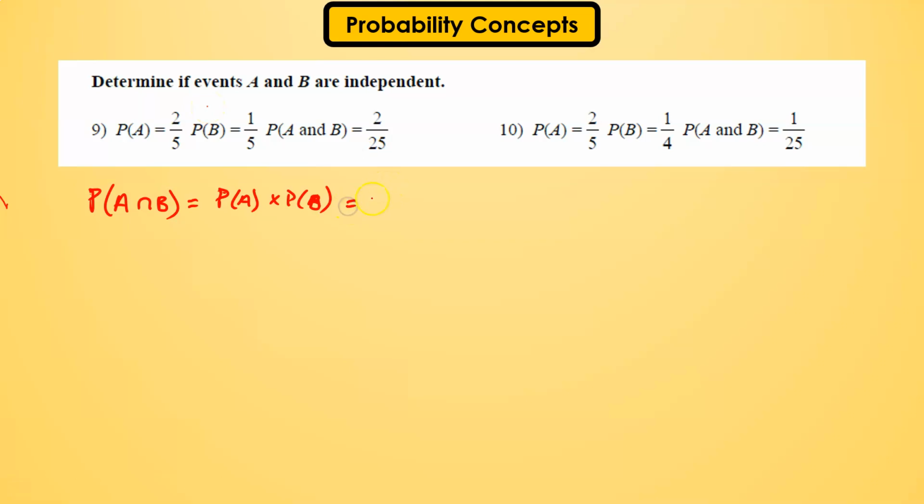In other words, it should equal 2 over 25. So the big question is, does 2 over 5 times 1 over 5 equal 2 over 25? Yes, it does.